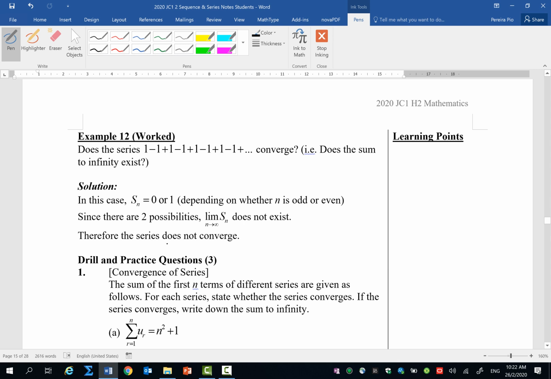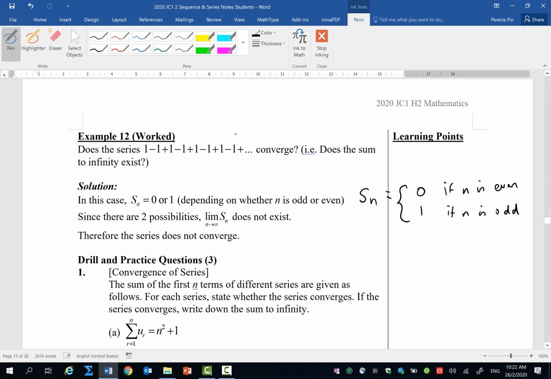Sometimes you actually write it in this way. This is the mathematical way we write it. So you realize there are two possibilities.